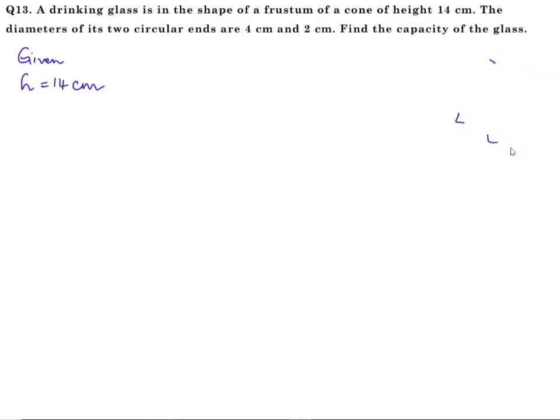Now they have given the diameters, d1 equals 4 centimeter and d2 equals 2 centimeter. Given the diameter, what I should know is the radius. Therefore I need to find the radius. R1 equals 4 by 2, R2 equals 2 by 2. That is, diameter equals 2 times radius, so radius equals diameter by 2. 4 by 2 is 2 centimeter.